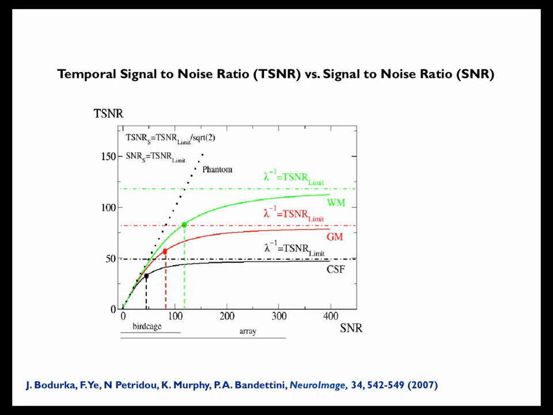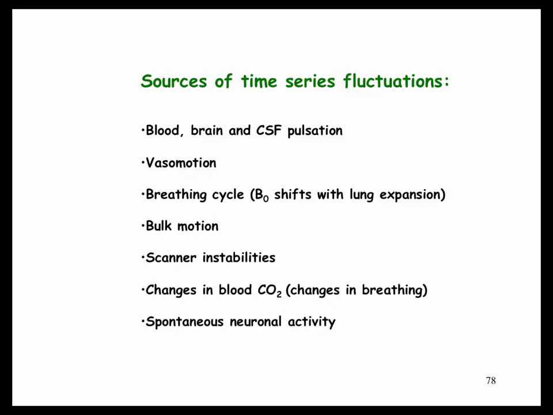If you have a higher signal to noise, you can increase your resolution such that the image signal to noise is about 100 to 1. That's probably the best place to be for doing functional imaging, because that's where you're making the most of your resolution as well.